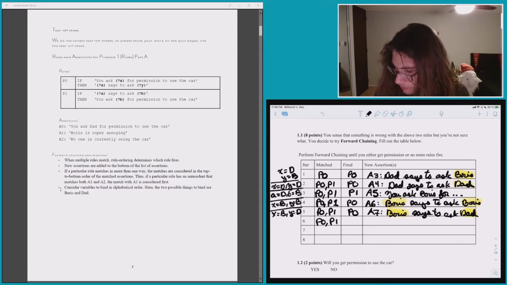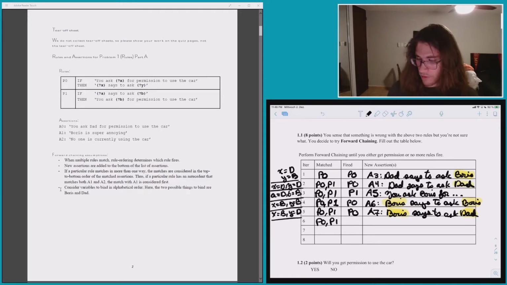P0 and P1 still match. Do any new assertions happen? We've exhausted all the possible new assertions in P0 because I've already written assertions with all possible combinations of variables: dad, dad, Boris, dad, dad, Boris, Boris, and Boris. Only 4 combinations of those variables.